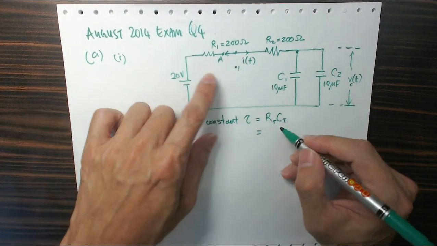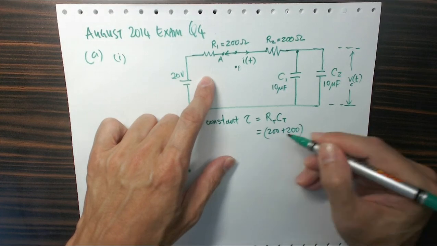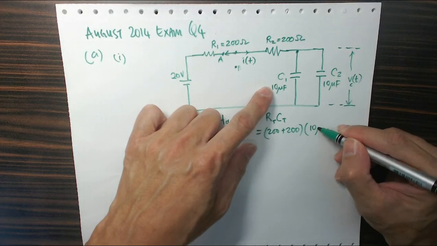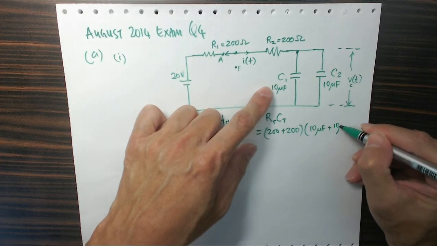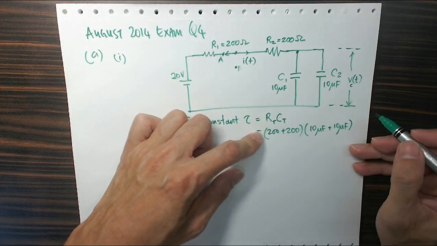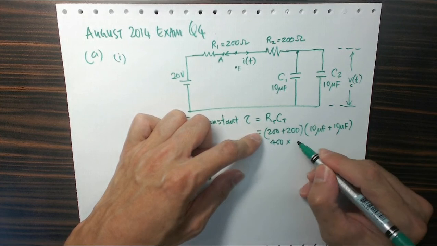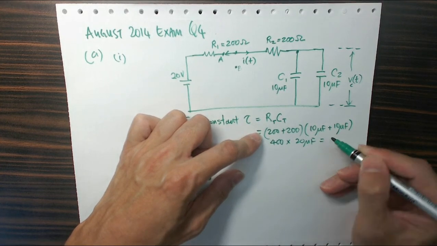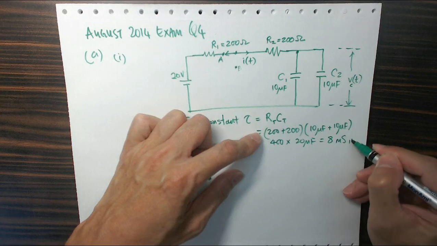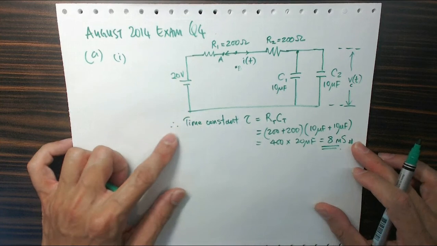For resistors in series, we just add them up, so it's 200 plus 200 ohms. And capacitors in parallel, we add the capacitance as well, so it's 10 microfarad plus 10 microfarad. That gives us 400 ohms multiplied by 20 microfarad, which gives us 8 milliseconds. Okay, so that's the time constant.